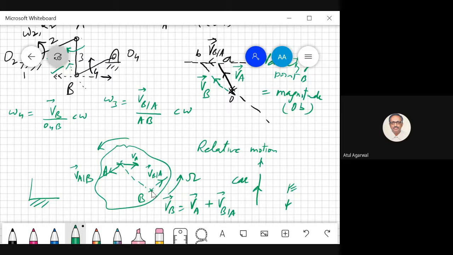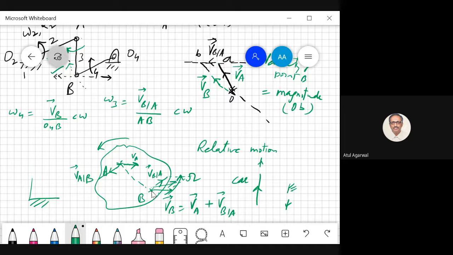This is absolute velocity of A. So absolute velocity of A plus velocity of B with respect to A. So if you bring this vector, so this is the velocity of A. So what you will get? Given by this parallelogram. Diagonal of this parallelogram will be the absolute velocity of point B. So this is the absolute velocity of point B.